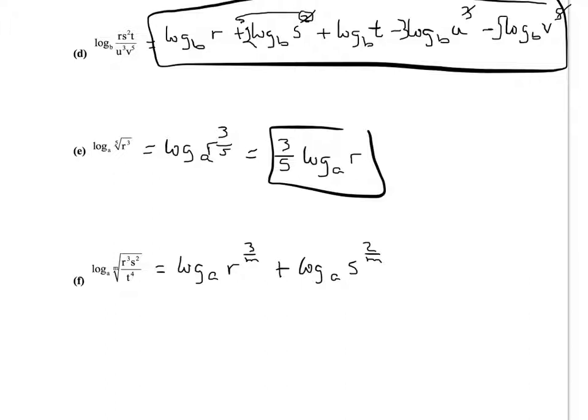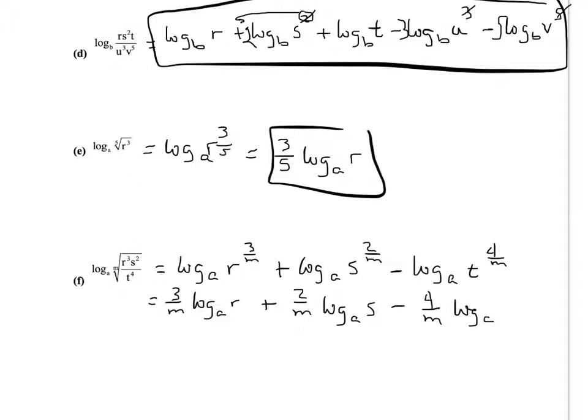Now I'm ready to move to the denominator. So before I write this term down, I need to put a minus sign. And I would have log base a of t to the 4/m power. And now that I've done that, I just simply need to pull those exponents down in front of the logarithms, and that will give me 3/m log base a of r plus 2/m log base a of s minus 4/m log base a of t.